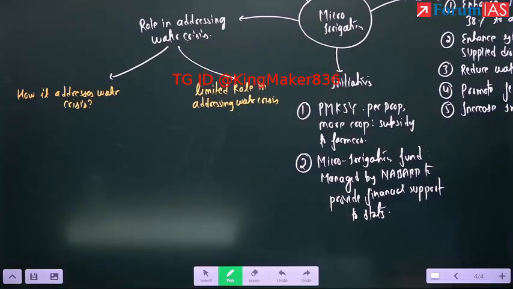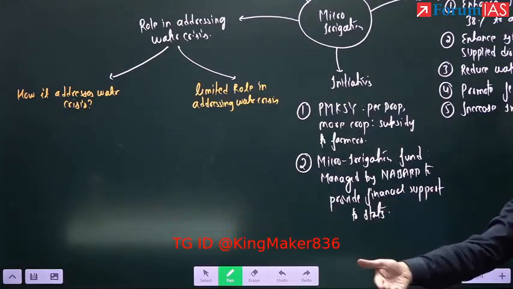Can I say that there are certain crops for which we can use micro irrigation instead of flood irrigation? Which crop? Sugarcane. Exactly. You have to link it like this: the water crisis is happening because of this, and micro irrigation can solve it like this.